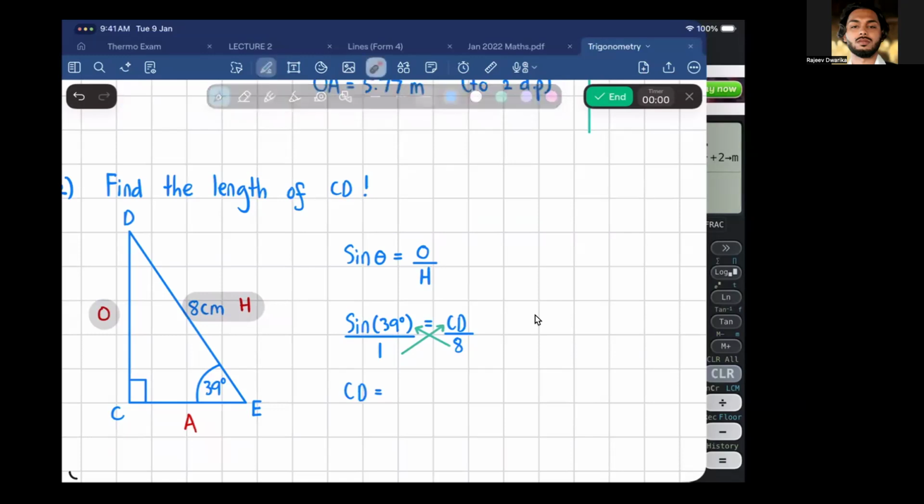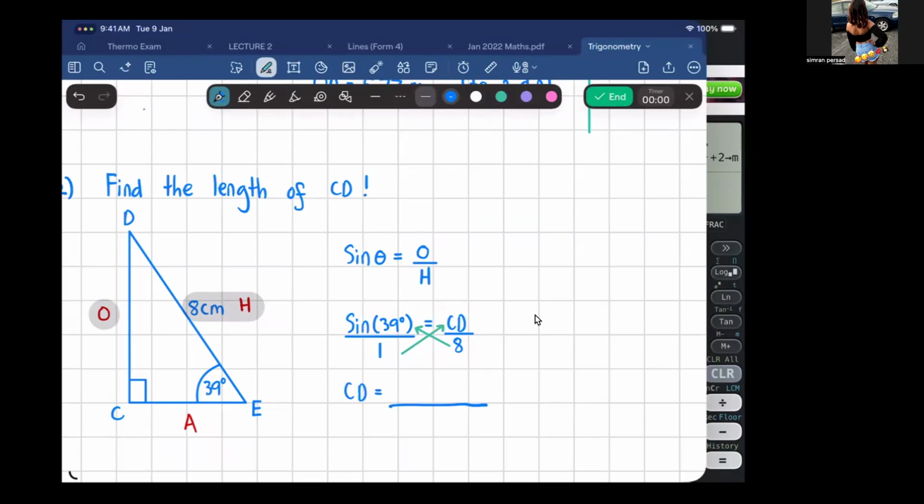You multiply 1 by CD, you get CD, and then you multiply 8 by sine 39 degrees. So how would I write that over here? 8 sine 39 degrees. Right? And then you would plug that into the calculator, and round it off to 2 decimal places for me.